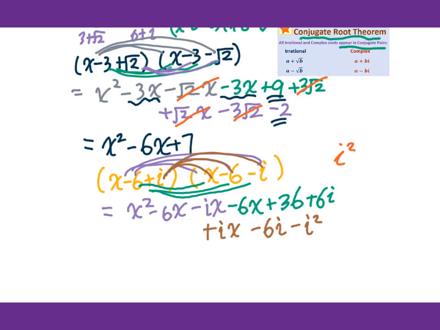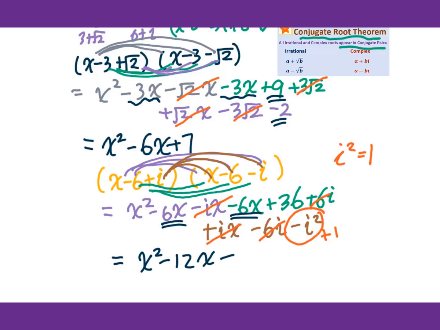Remember, i squared equals negative 1. Therefore, for this one, that is plus 1. Then any term with i will be cancelled out. Then you combine like terms, x squared minus 12x plus 37.